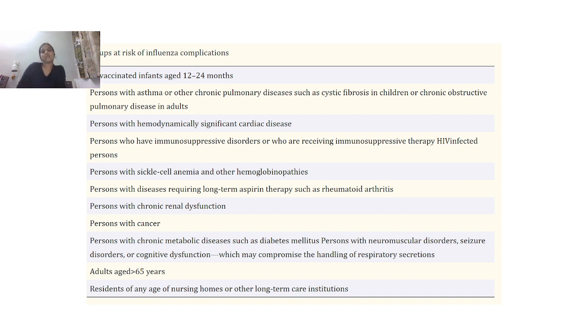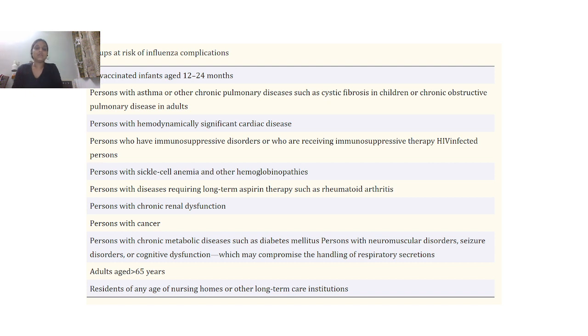Then people with chronic renal dysfunction, then people with cancer, then people with chronic metabolic disease such as diabetes mellitus, or with neuromuscular disorders such as seizures, cognitive dysfunction, and also which may compromise the handling of respiratory secretion. And there are adults who are more aged, above 65 years, whose immune system has weakened.